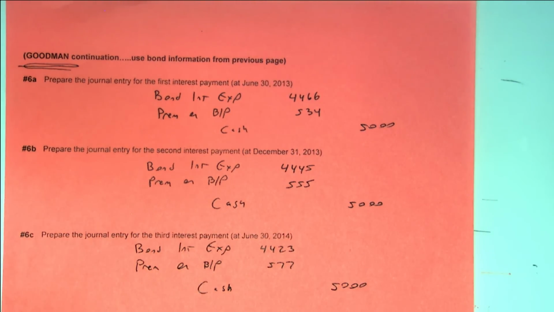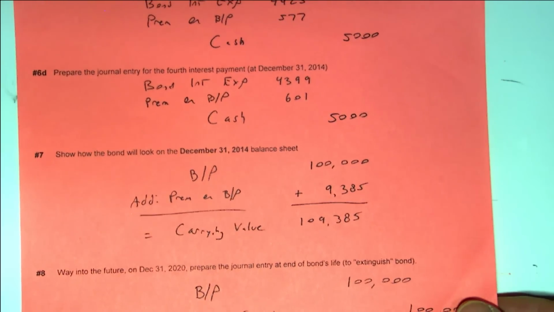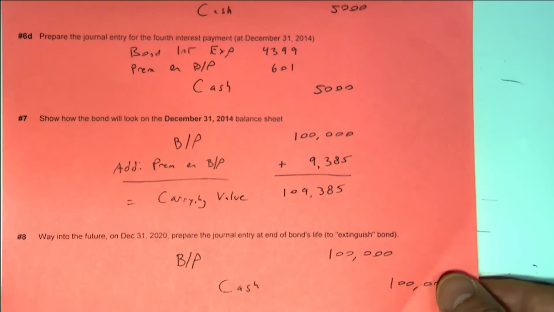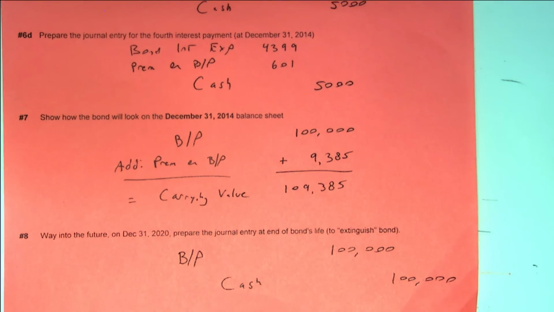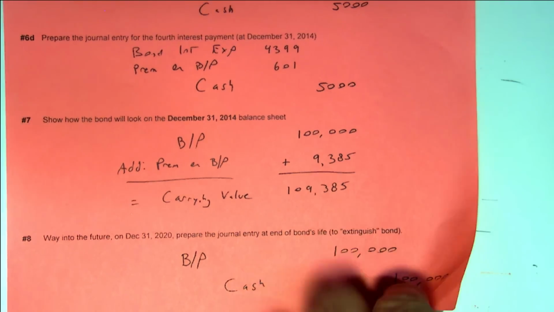There's 6A, 6B, and 6C for Goodman. Okay, take a look at those. And then there's the bottom half of this page. Okay, remember we add the premium, don't we? Okay, cool?